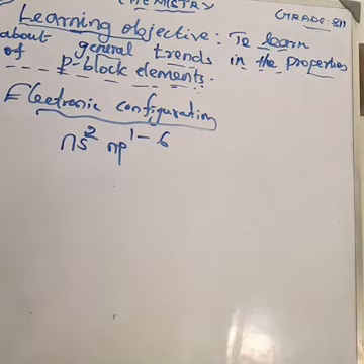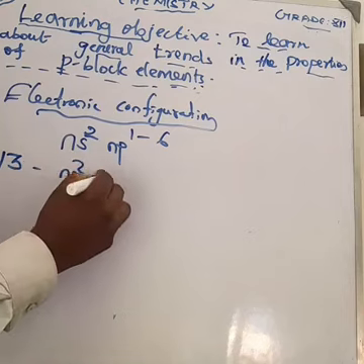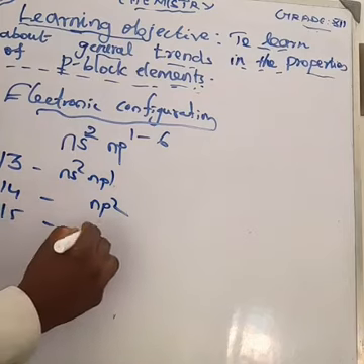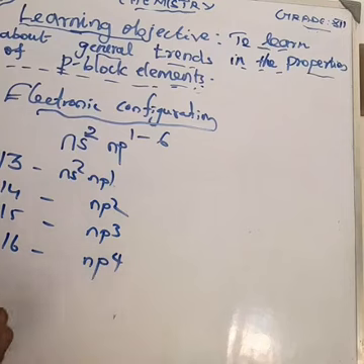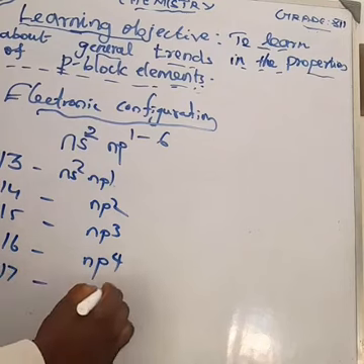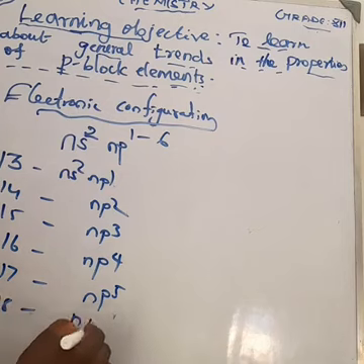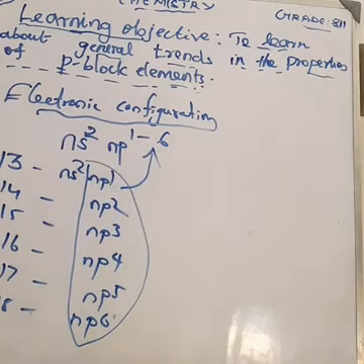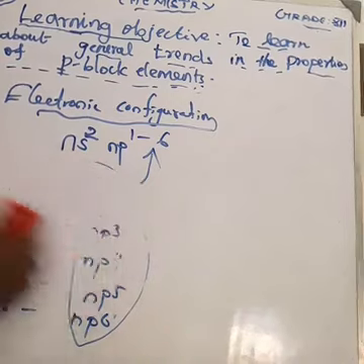For example, 13th group np1, 14th group np2, 15th group np3, 16th group np4, 17th group np5, 18th group np6. Like that they are arranged, am I right? So the general electronic configuration of P block elements is ns2 np1 to 6.